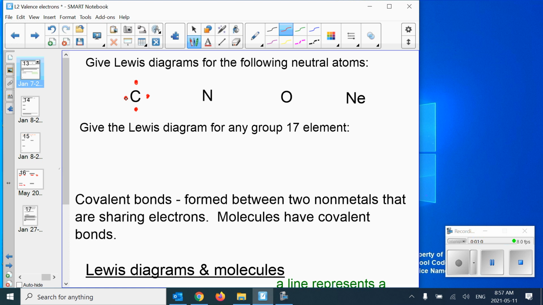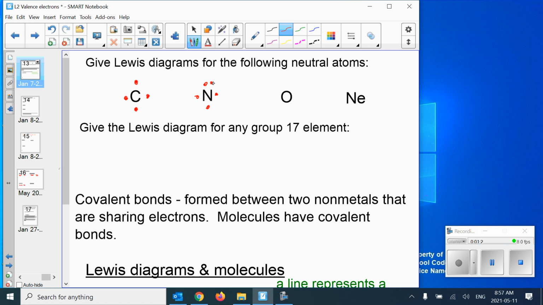Nitrogen is at the top of the 15th column. 5 valence electrons, 15 minus 10. Phosphorus and arsenic also would have 5 valence electrons. They're in the same family. So 1, 2, 3, 4, 5.